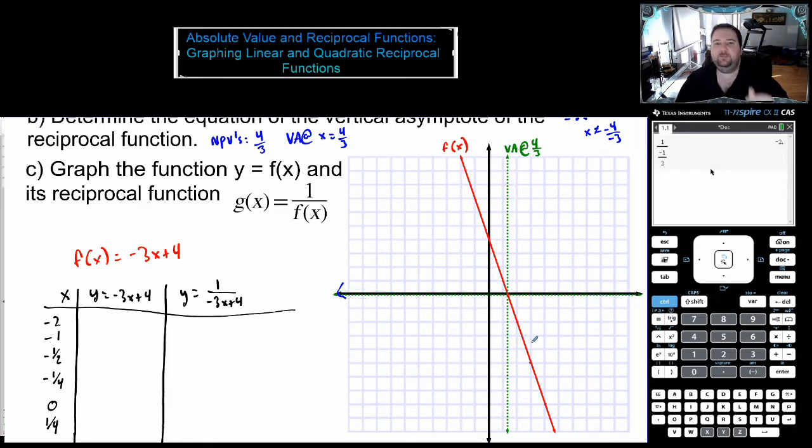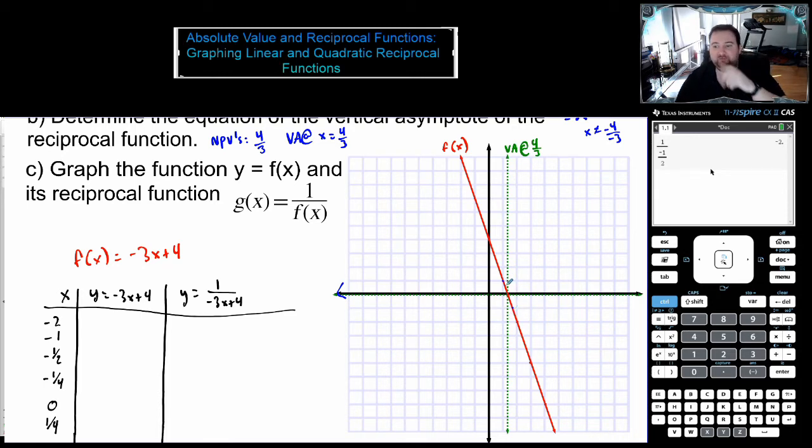And the question really becomes, what quadrant will it be in? So what I like to do is I look at my vertical asymptote, and it's 4/3. And so what's going to happen when y is equal to 1? Well, that's going to be my invariant point, and then this is my other invariant point.